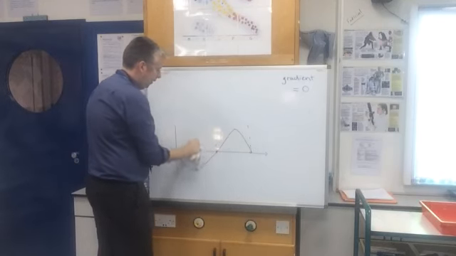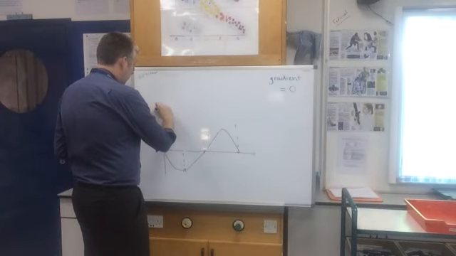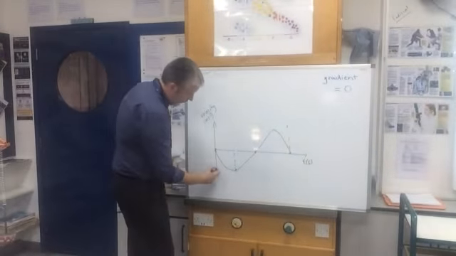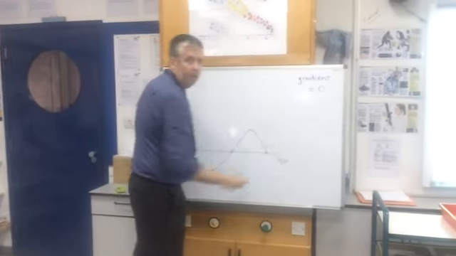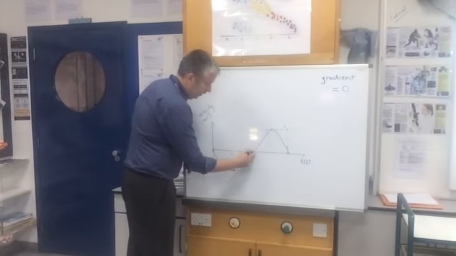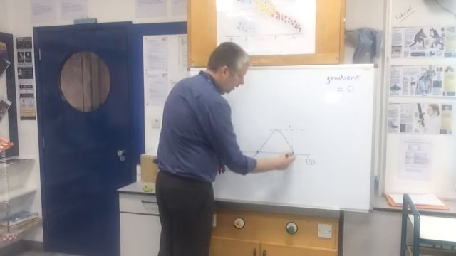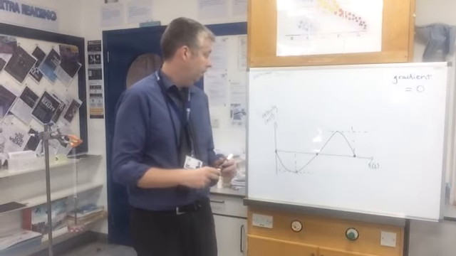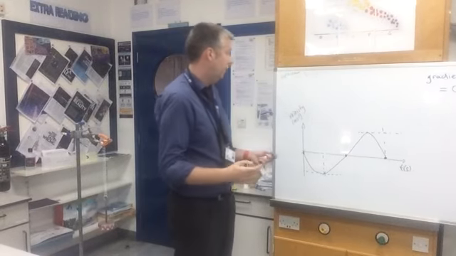So if I keep my velocity time graph on the board, make it a bit cleaner by giving it some units, I can say here I've got a 0 gradient, here I've got a 0 gradient, here I've got a maximum positive, here a maximum negative, and here a maximum negative again, assuming that the oscillating mass doesn't lose or waste any energy.